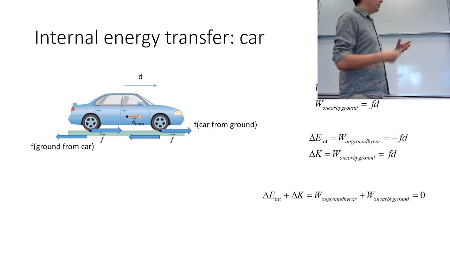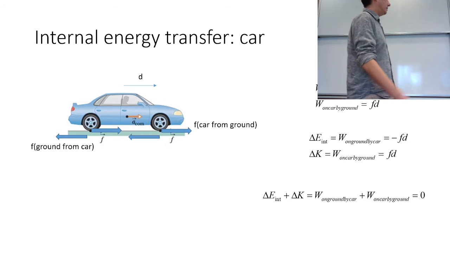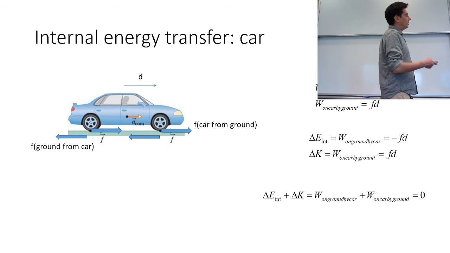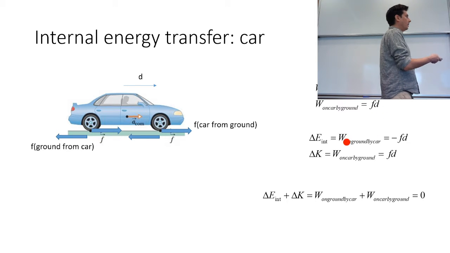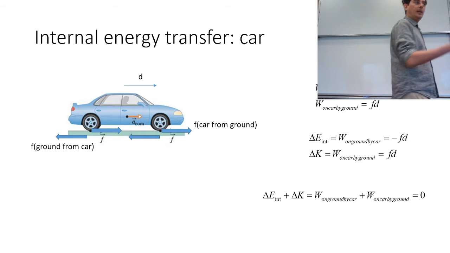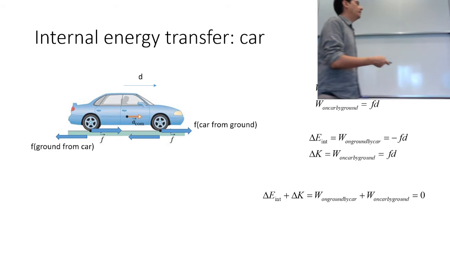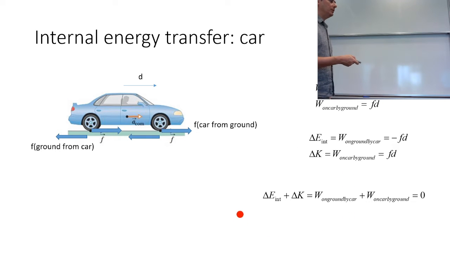So, of course, you're burning that fuel, and the internal energy in that fuel has gone down. So that internal energy goes down by minus Ft. Meanwhile, the kinetic energy goes up, right? And again, the total of these two is equal to 0.